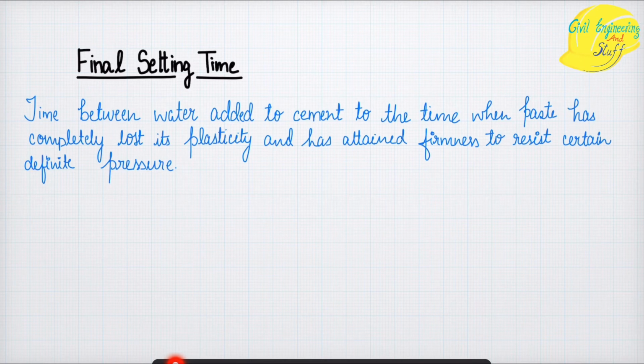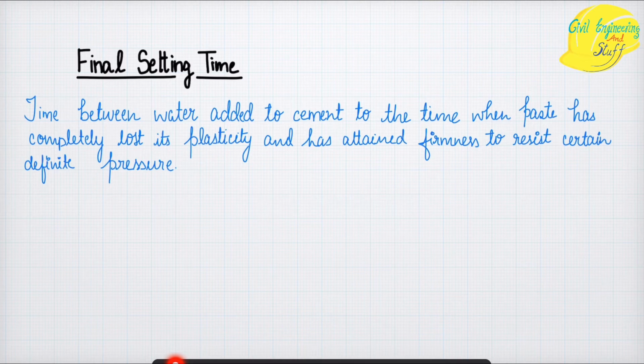Again, in initial setting time, we have observed that the cement paste starts to lose its plasticity. While in the final setting time, the paste would have completely lost its plasticity and the cement paste will achieve the hardened state.